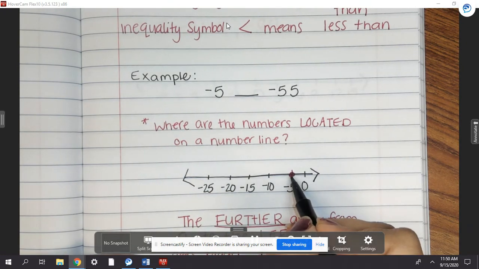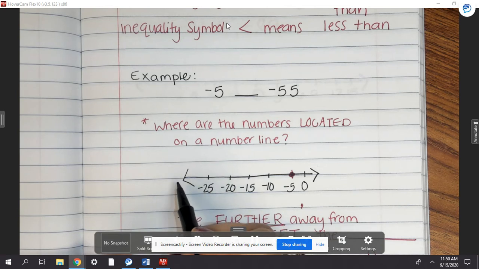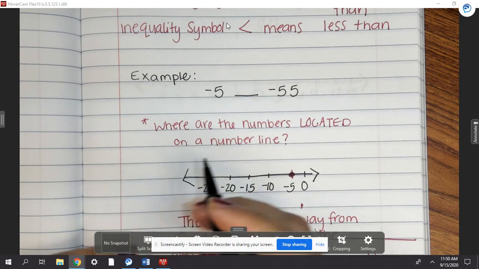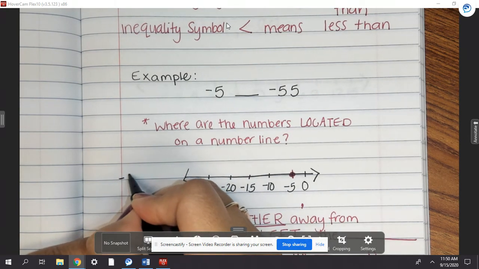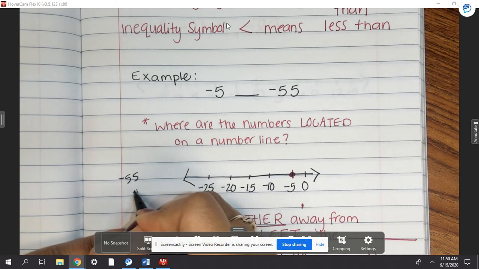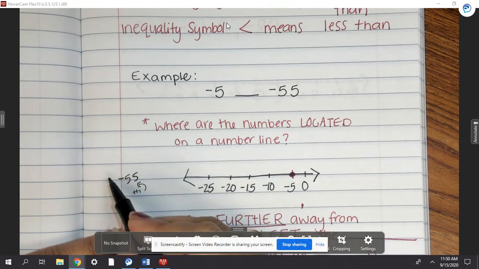Here's negative 5. Where is negative 55 going to be located on this number line? It's going to be way over here, to the left of 0.